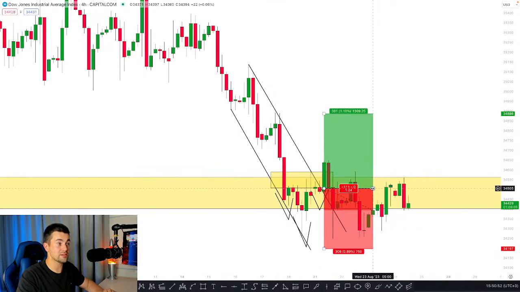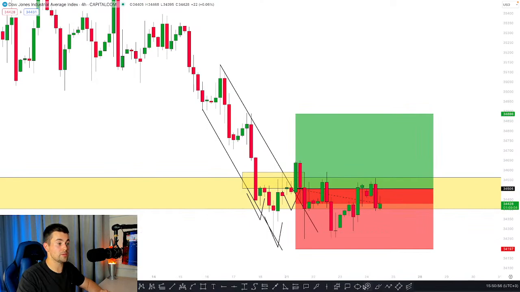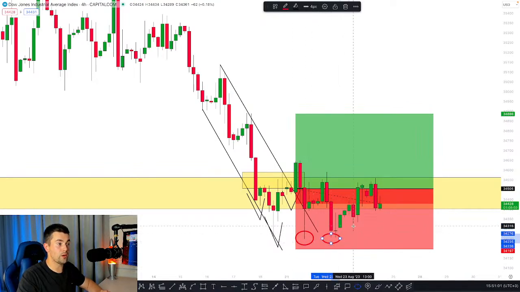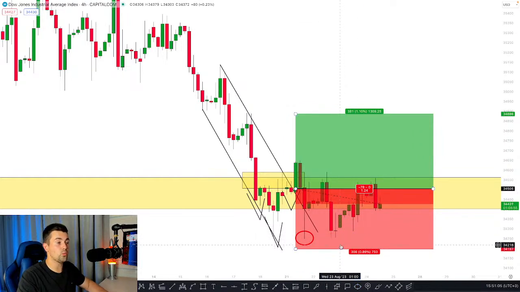So that is the trade that we are currently holding. And you can see that here the market maker already tried to hit our stop loss 3 times. But for now, we still keep holding our trading position, and we are still expecting that the index will go up.